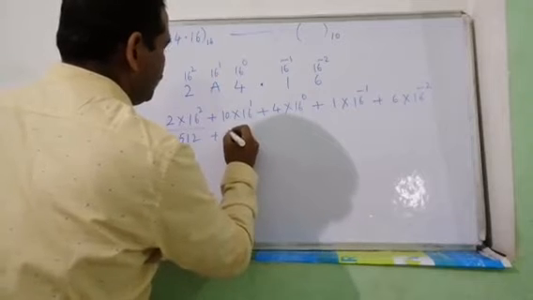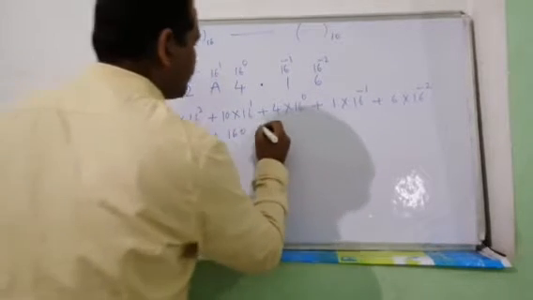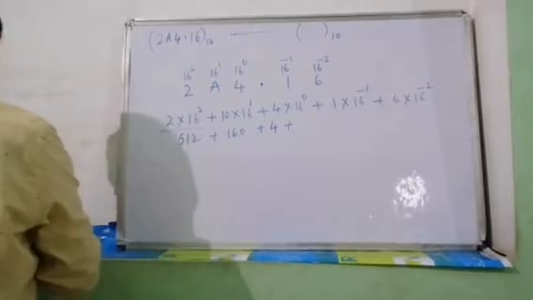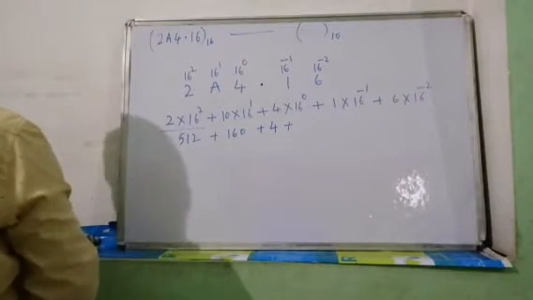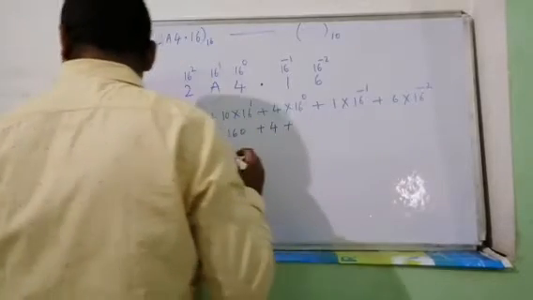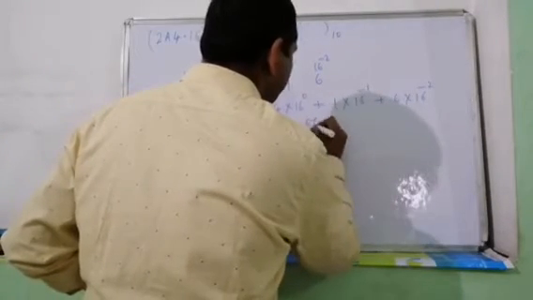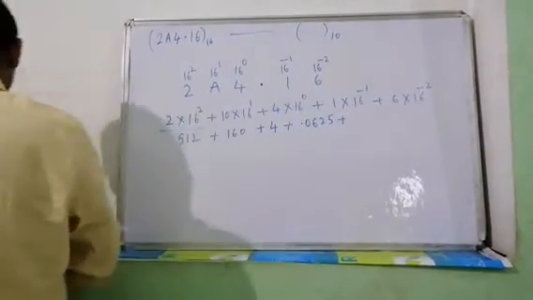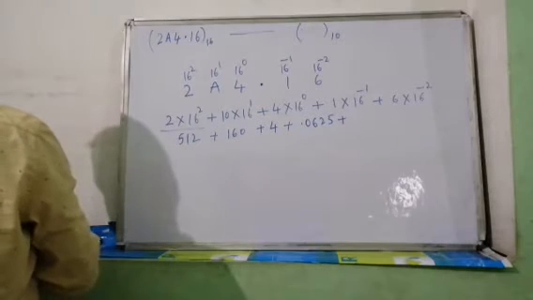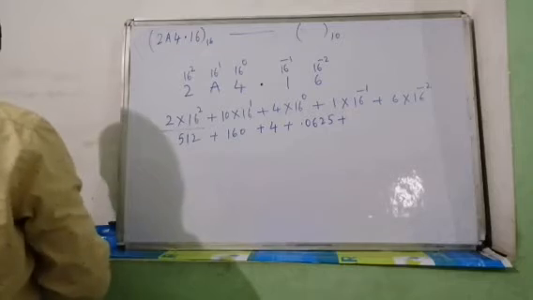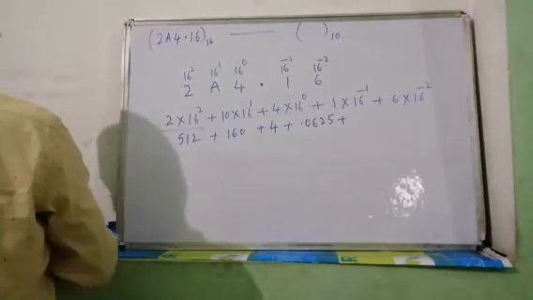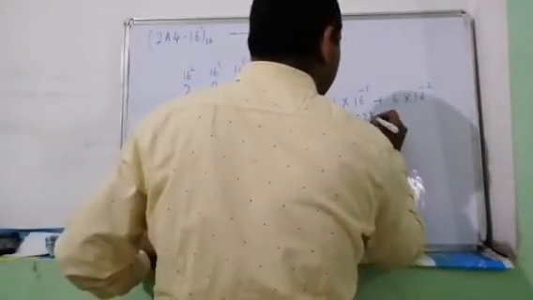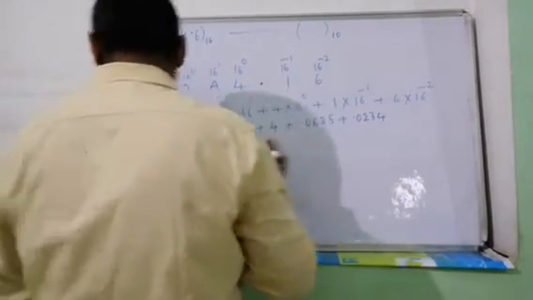This is 160. This is 4 plus 0.0625 plus 0.0234.